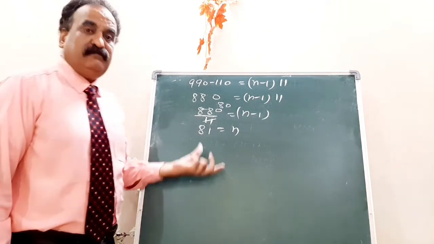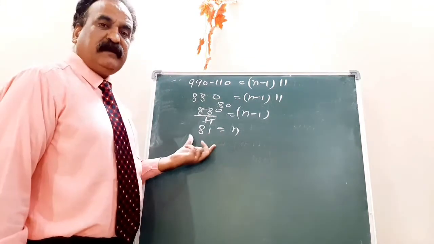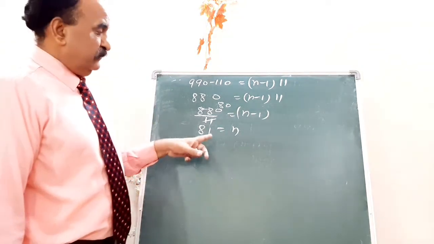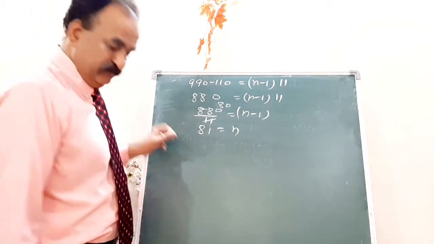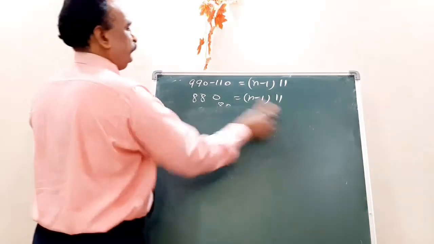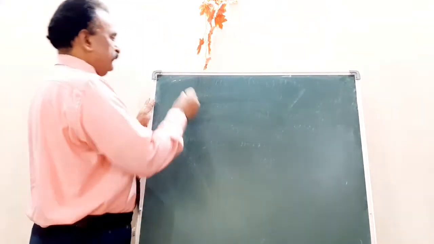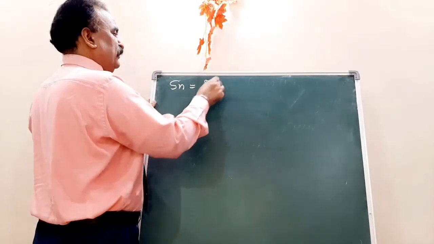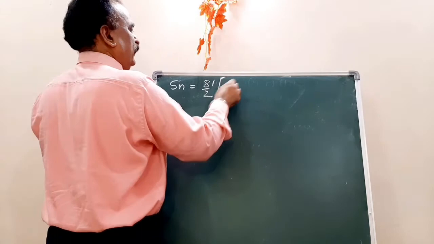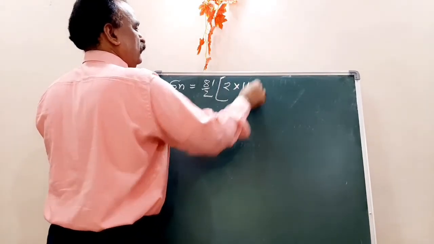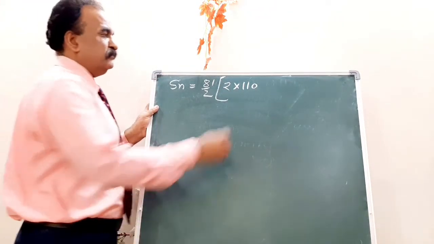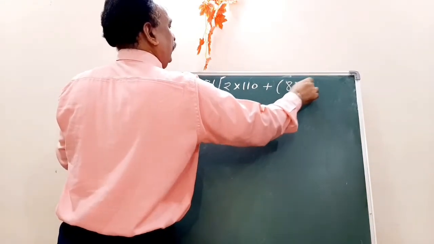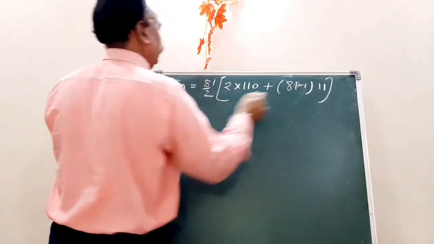Now you have to find the sum. The number of terms will be 81, which are divisible by 11, but it should be three-digit. Now the sum will be Sn is equal to n by 2, it means 81 by 2 into bracket 2a, 2 into 110 as the first term, plus n minus 1, 81 minus 1, into the common difference 11.